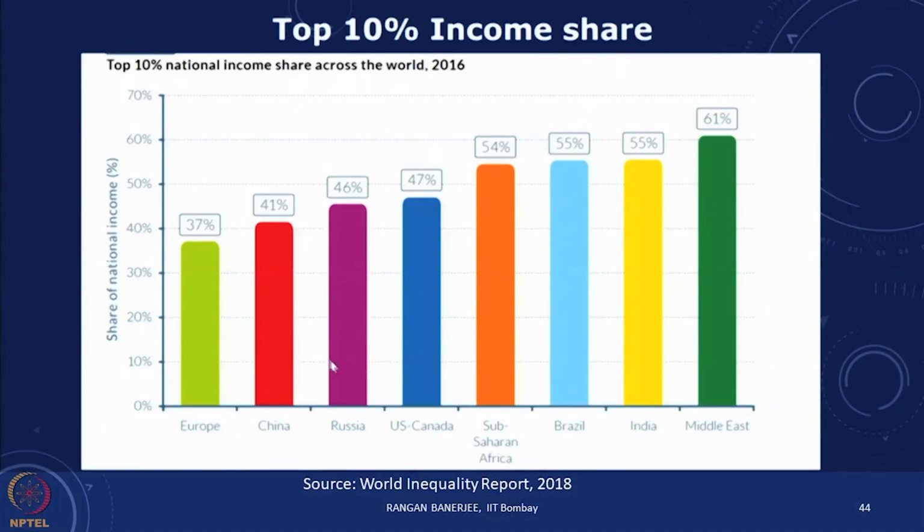You will find that in India, the top 10% accounts for about 55% of the total income of the GNP. Similarly, Europe is relatively less unequal because the top 10% owns about 37%. So, this gives you one possible way to look at inequality: see how much the top 10% own in terms of the income.